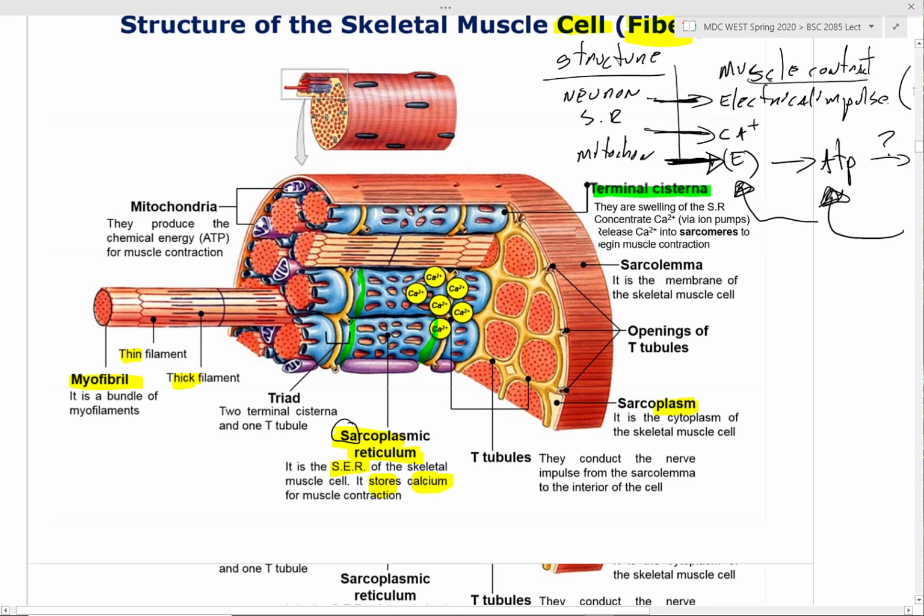I'm going to color code it for you. The yellow is your sarcoplasmic reticulum. Can you see the difference between yellow and green here? So the yellow, the middle part, is your actual sarcoplasmic reticulum. The end of the sarcoplasmic reticulum is known as the terminal cisterna. Okay?